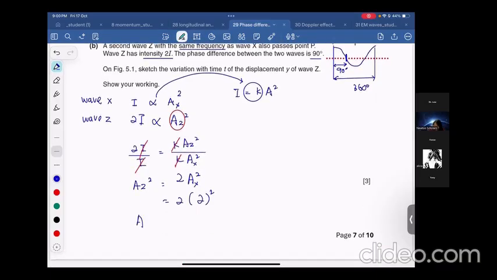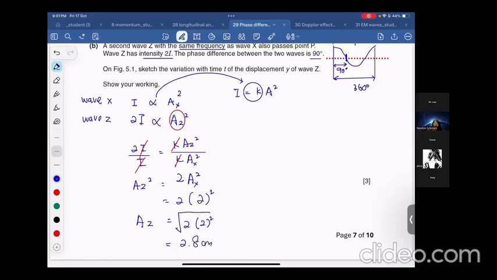So AZ squared equals the square root of 2 times 2 squared. Is it correct? Let me press my calculator. From here, I know that my new amplitude for wave Z should be 2.x cm.